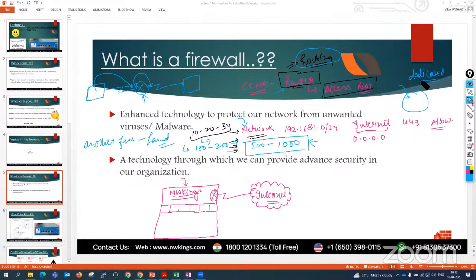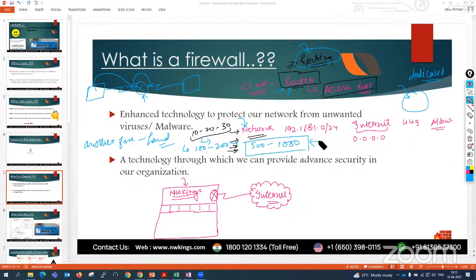It is using the available CPU, memory and cache, which were designed to do the routing, but now it is doing the filtration also. Don't you think it's an additional load on the CPU and the memory? So the basic functionality of the router, which is routing, started delaying the services.